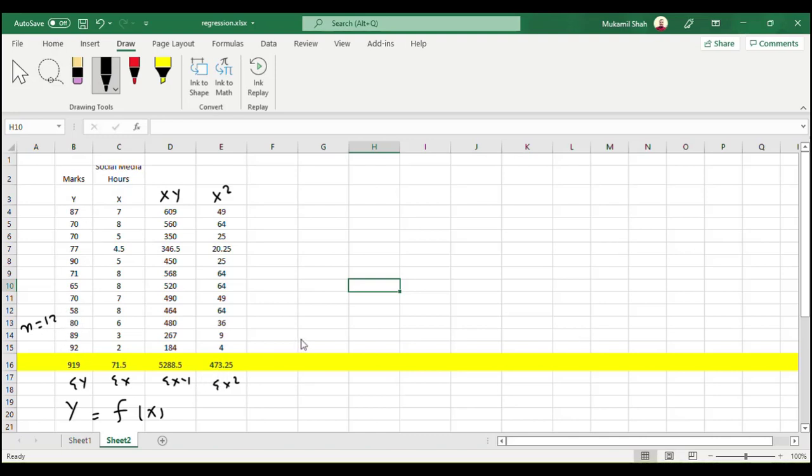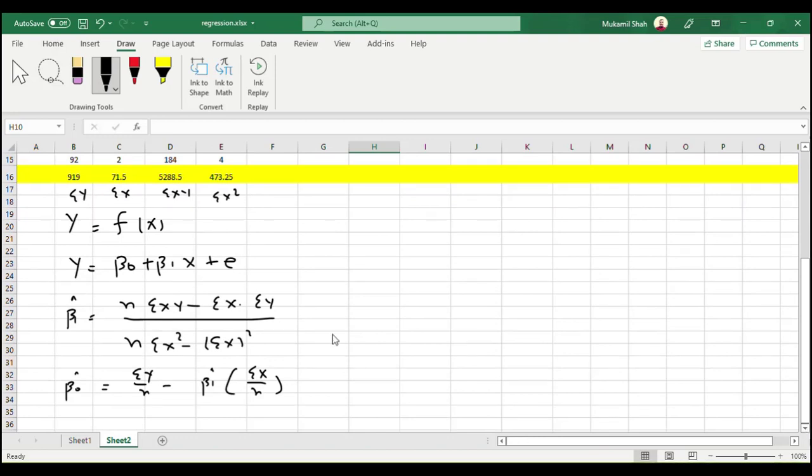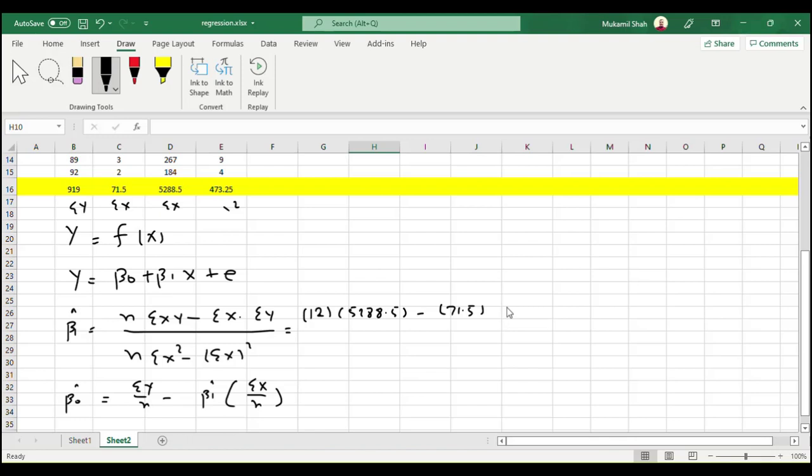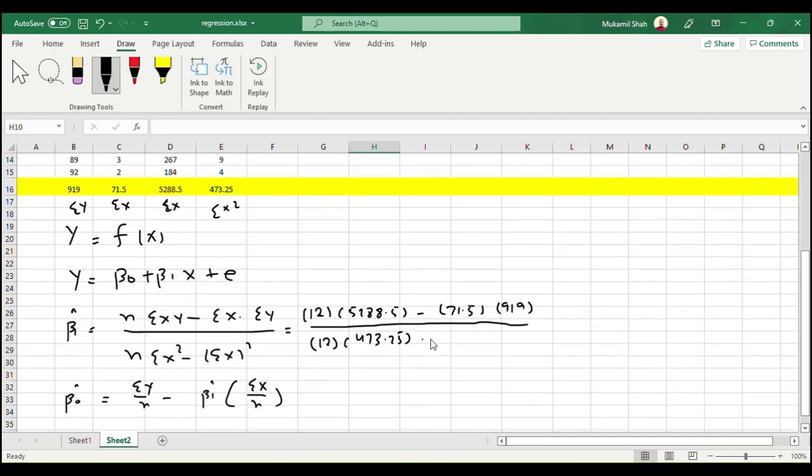So putting the values, we get the slope and intercept. n is equal to 12, summation xy is 0.5, minus summation x which is 71.5 and 9, divided by n summation x square, 12 into summation x square, minus summation x whole square, where summation x is 71.5, squared.